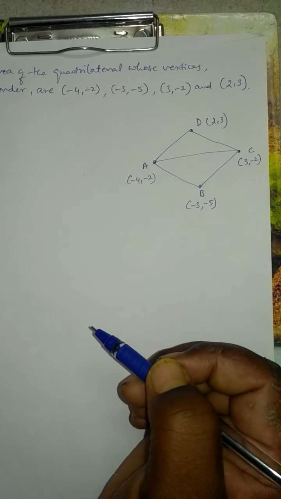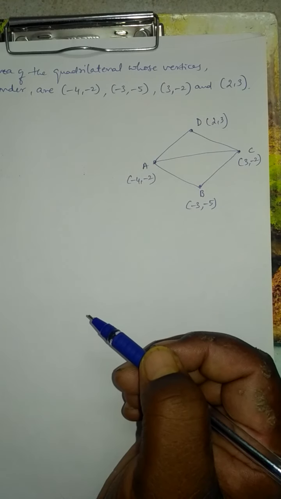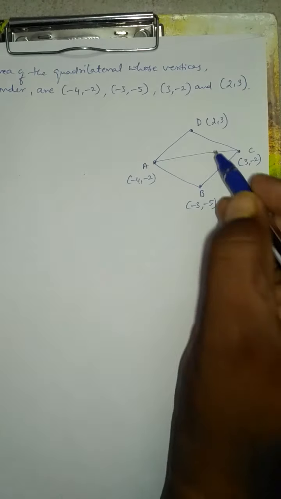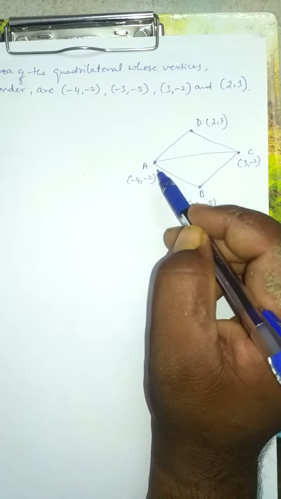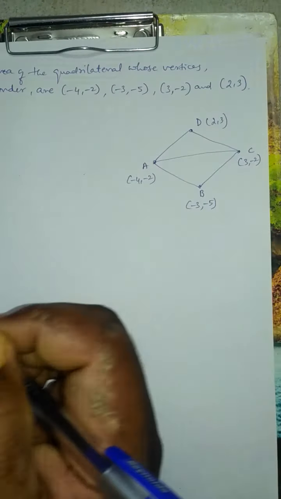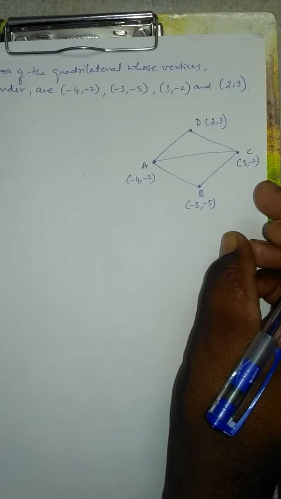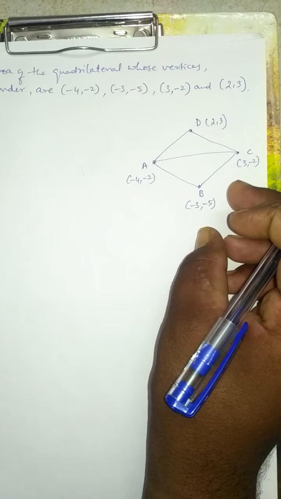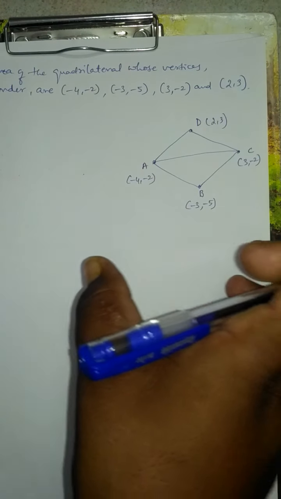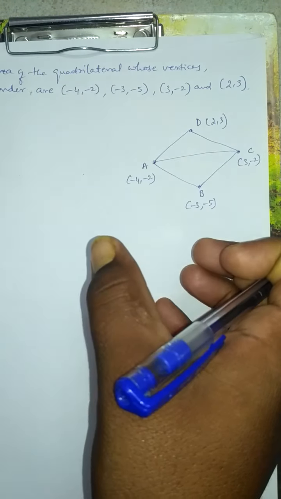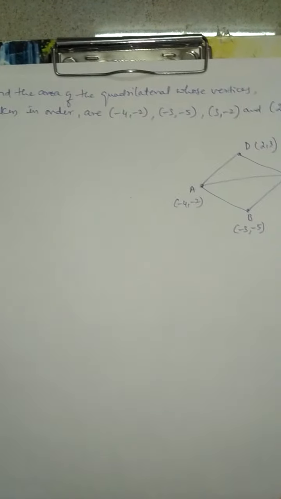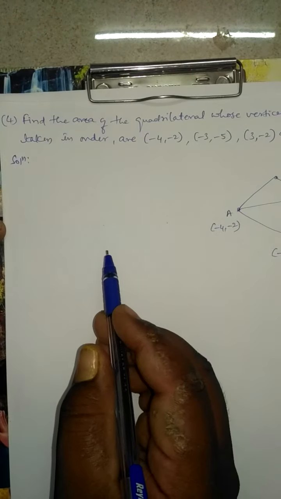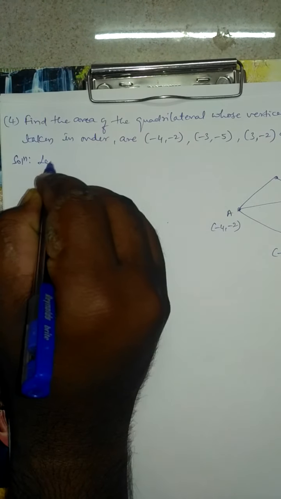Now, with the help of the area of triangle formula for the given coordinates, we have to find out the area of triangle ABC and the area of triangle ACD separately. After finding the area of both triangles, if you add both the triangles' areas, it will be the same as the area of the quadrilateral.